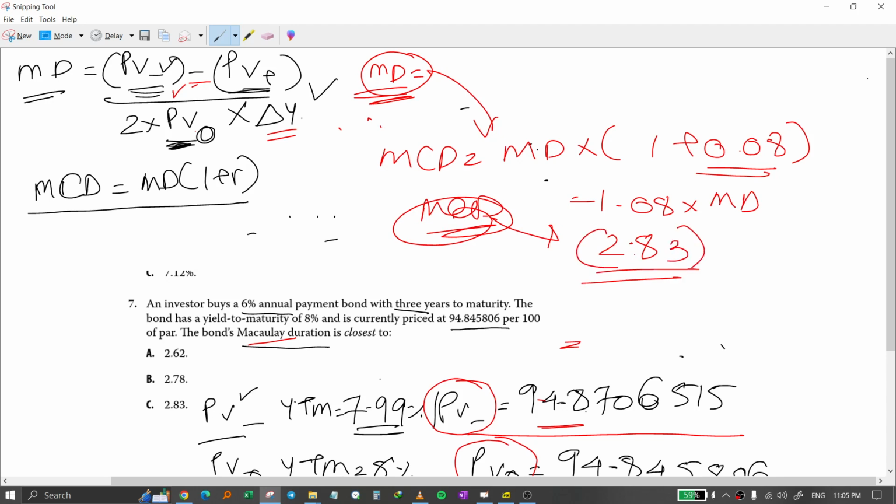This shows that when the market interest rates change by 1%, the price of the bond increases or decreases by this duration. So this is basically more or less the interpretation of this.